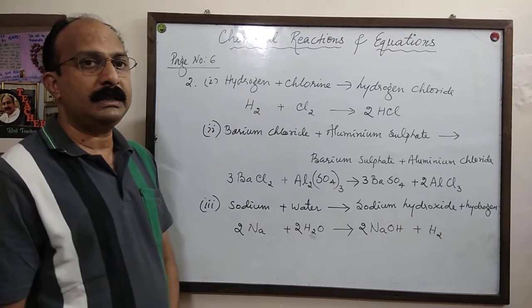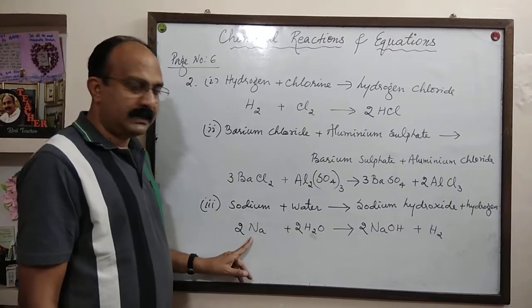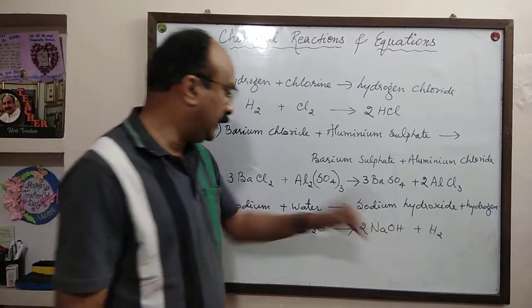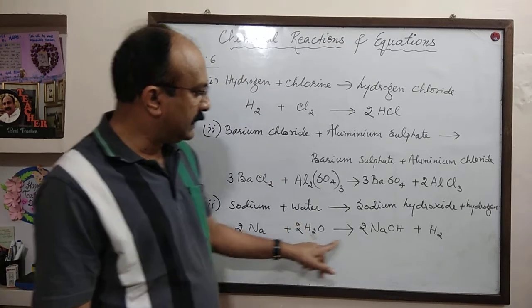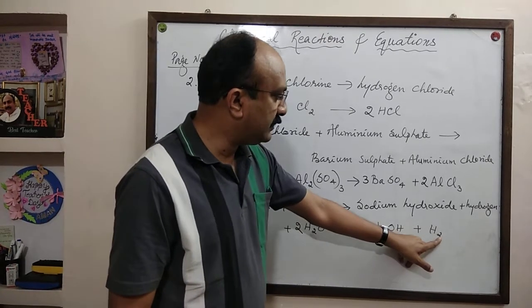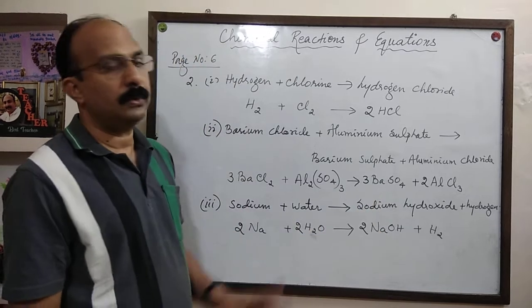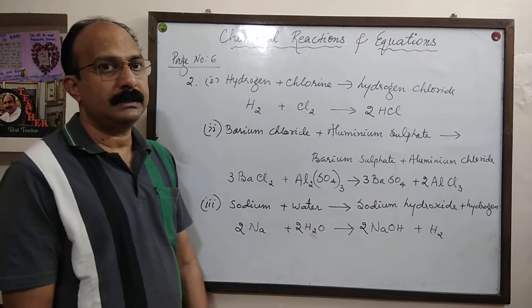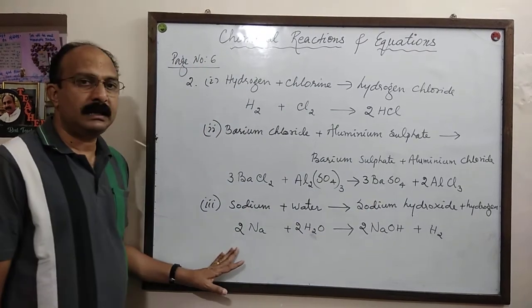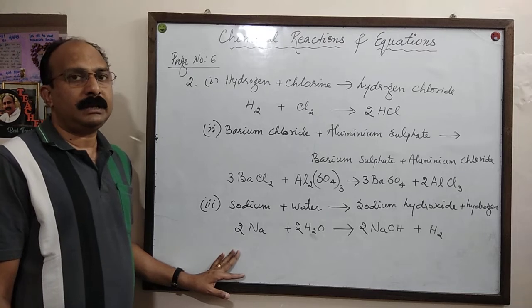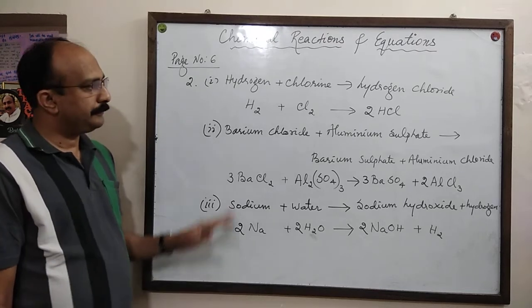Now count the number on LHS and RHS. Once again 2 Na, 2 Na. 4 hydrogen, 2 plus 2, 4 hydrogen. 2O, 2O. Now it is balanced. So this is the way of balancing the chemical equations.